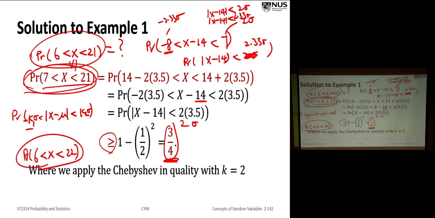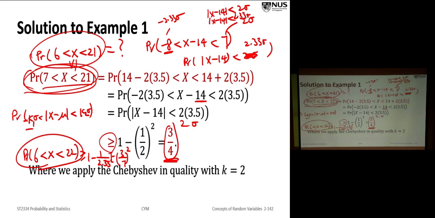So if I work on this part, x minus mu within 2.33 sigma, I can get a bound which is 1 minus 1 over 2.33 squared. 2.33 means what? 7 over 3, squared. So it becomes 1 minus 1 over (7/3) squared. But the bound that you get may be smaller.